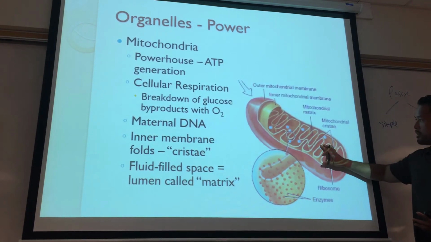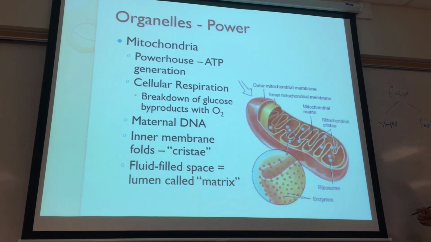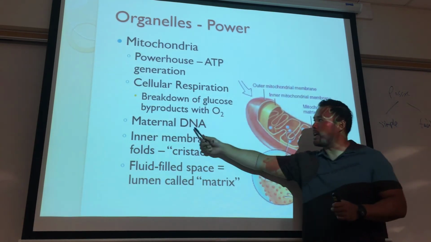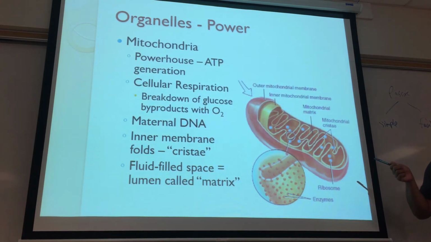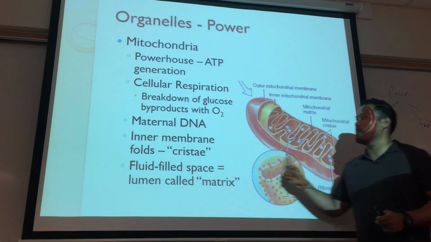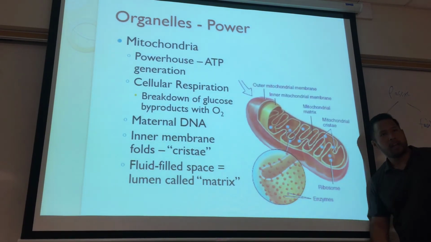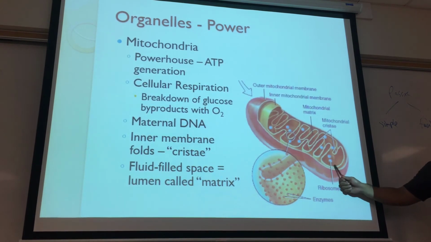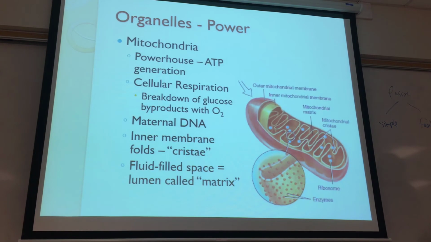So mitochondria existed within the cell, and they find that the mitochondria actually has DNA of its own. There's mitochondrial DNA, and it's actually from your mother. So if I were to look into your cell and grab that DNA from inside, it's actually maternal DNA, as opposed to the DNA which is supposed to be a mix of both mother's and father's DNA.